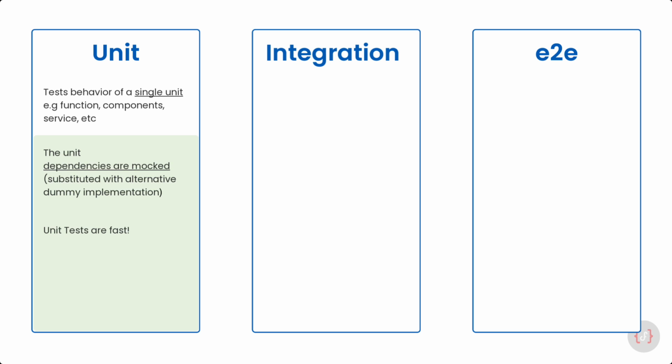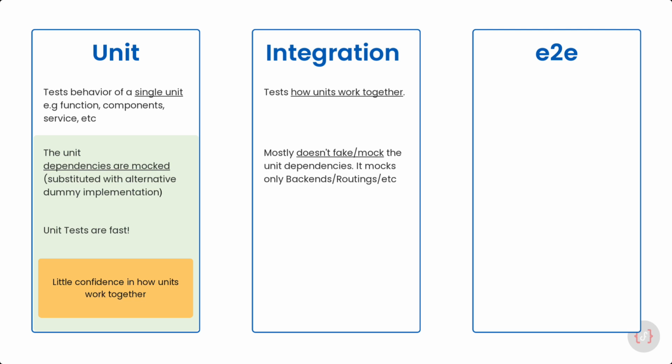However, since we are faking dependencies in unit tests, we have very little confidence in how our building blocks work together. And this problem is solved by another type of test, called integration tests. These tests do not fake the unit dependencies, but they fake calls to the backend. They are very useful when you want to test a whole feature with all involved components, services, directives, and so on.